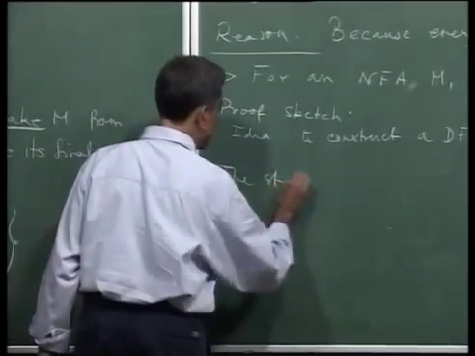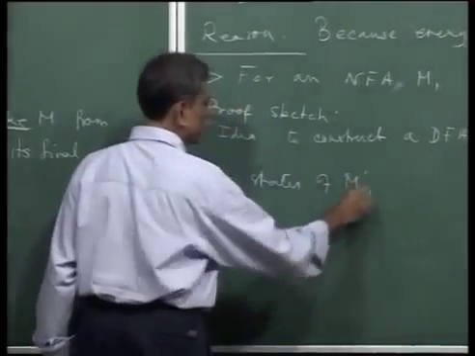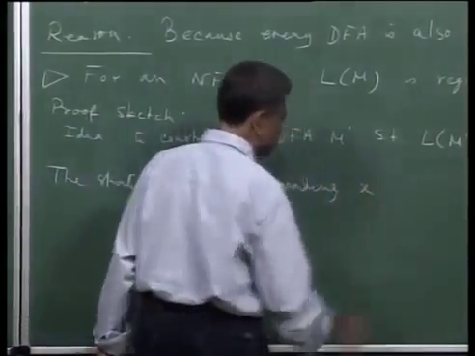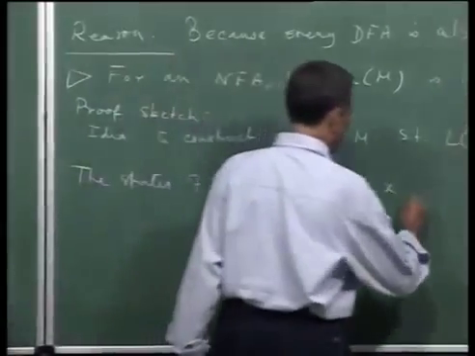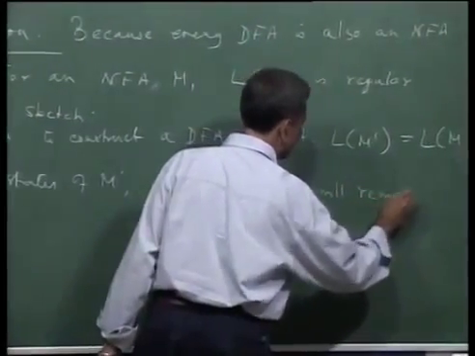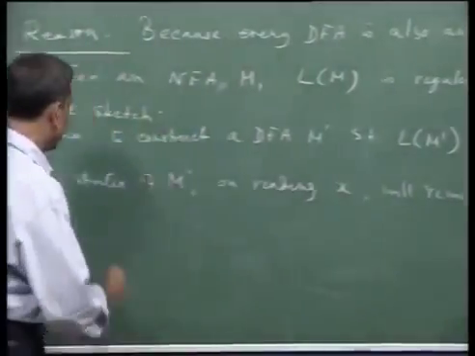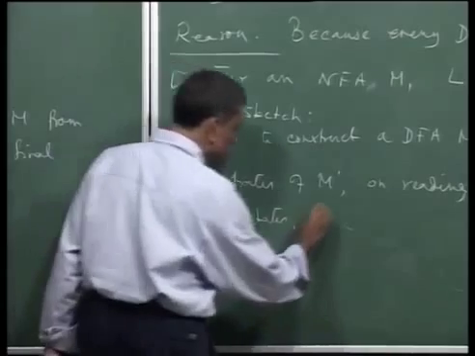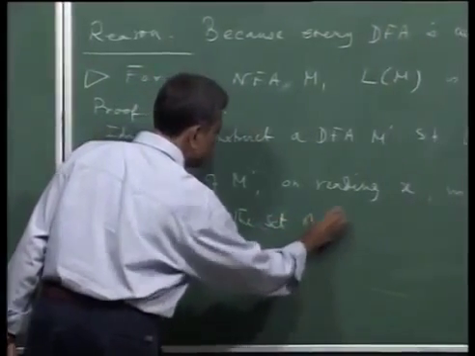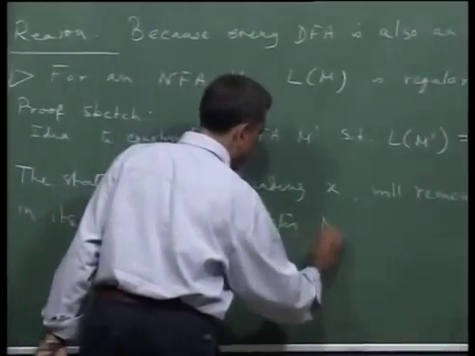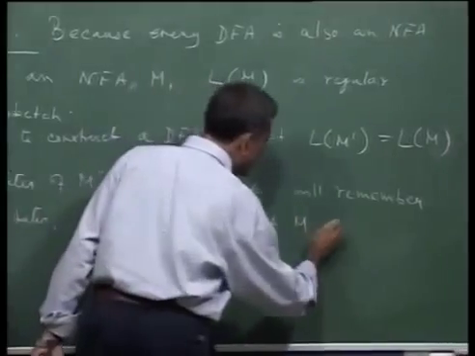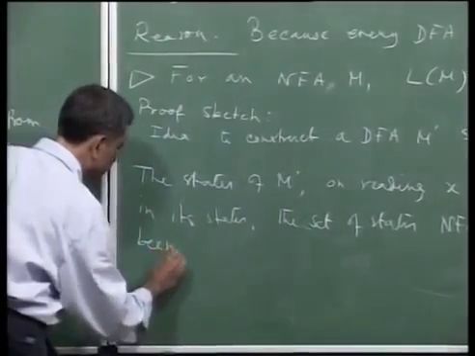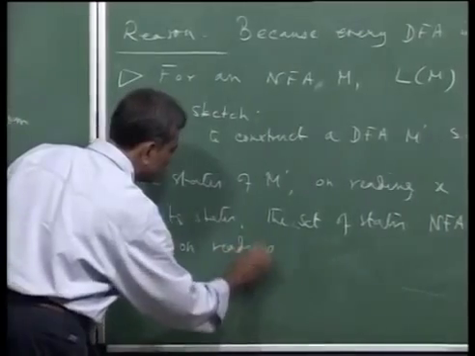The states of M dash, on reading some string X, will remember in its states the set of states the NFA M could have been in on reading the same string X.